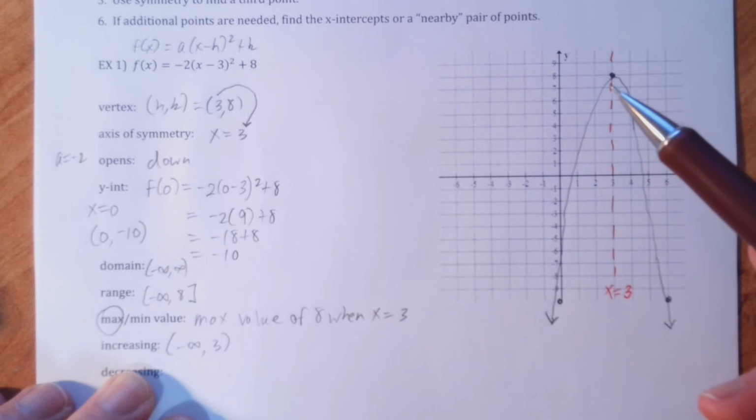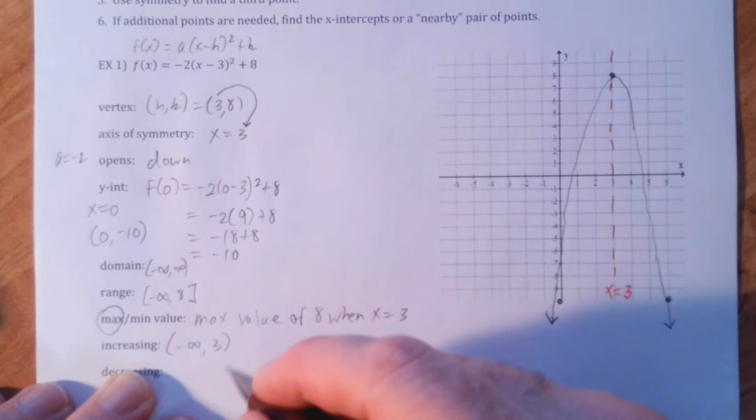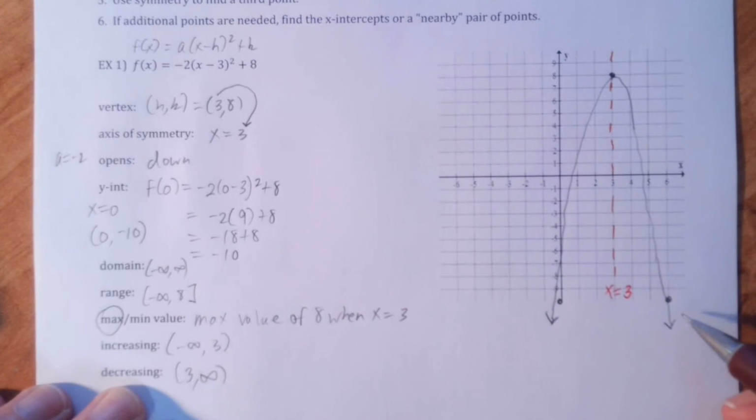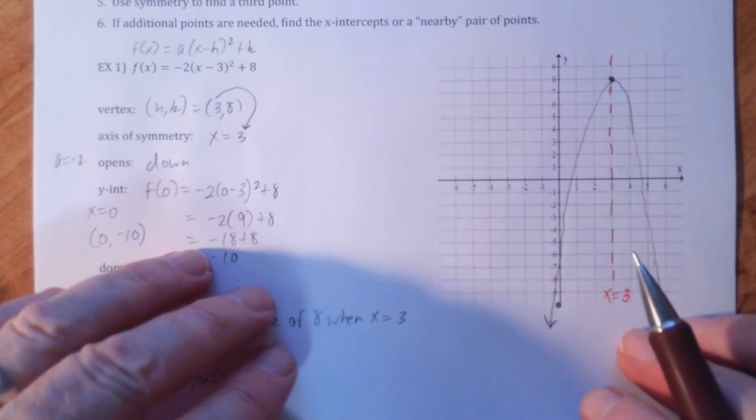We get to 3, and that's where the function stops increasing. And then now we're decreasing from 3 to infinity. Again, because this goes forever right, we can continue on, and no matter how big x gets, this graph will be decreasing. All right, that's it for the first page.